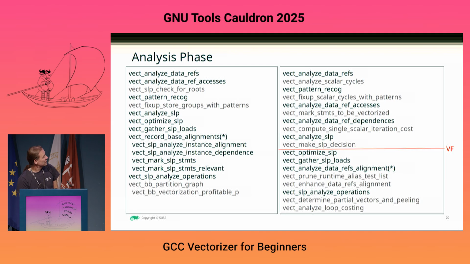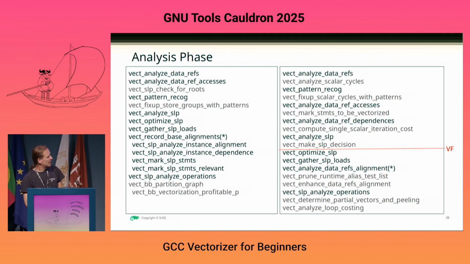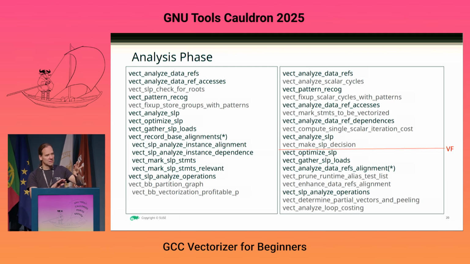And on the basic block side, it's basically the same or similar. After the SLP discovery, we optimize the permutes. We are doing analysis on alignment and dependency. Then these are also internal data structure things. Then we analyze whether we can vectorize the operations. And after that, we basically split the pieces we found in the function that are vectorizable into pieces that are not intersecting somehow.